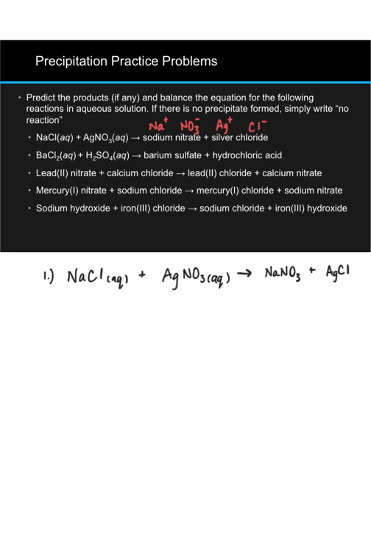So, first steps first, write out chemical formulas for our products. Secondly, balance this reaction. We see that we have one sodium on each side, one chlorine on each side, one silver, and one cluster of nitrate. So this is a balanced reaction as it stands. The last thing that we're going to need to do is identify the phases for our substances.